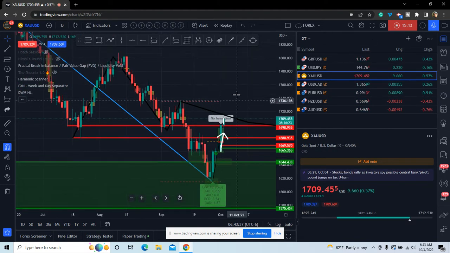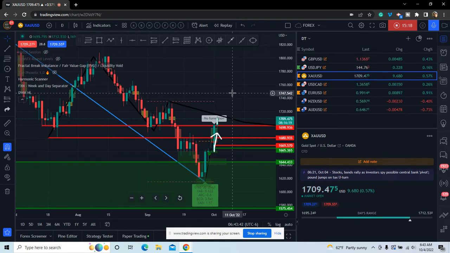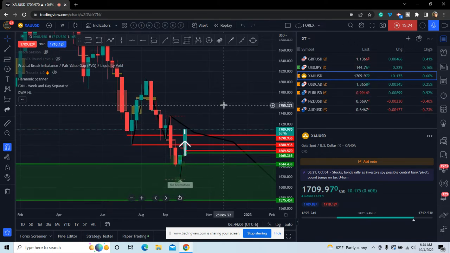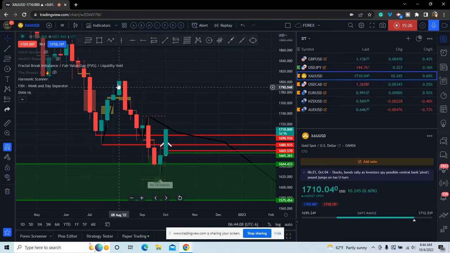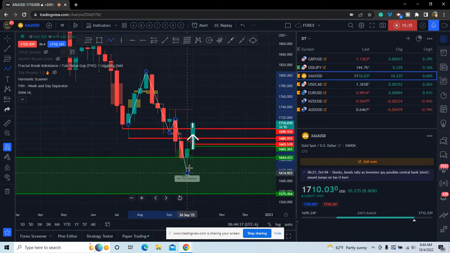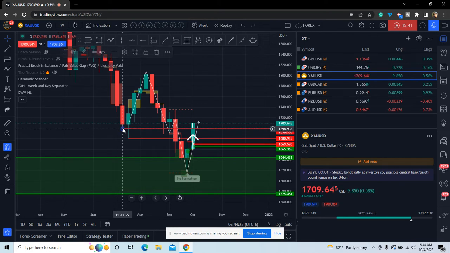Now with gold, we've had a strong move to the upside. This harmonic crab formation. On the weekly chart, we've come in to test the neckline very sharply of this M formation. Taking out resistances. Let's clean up this chart.